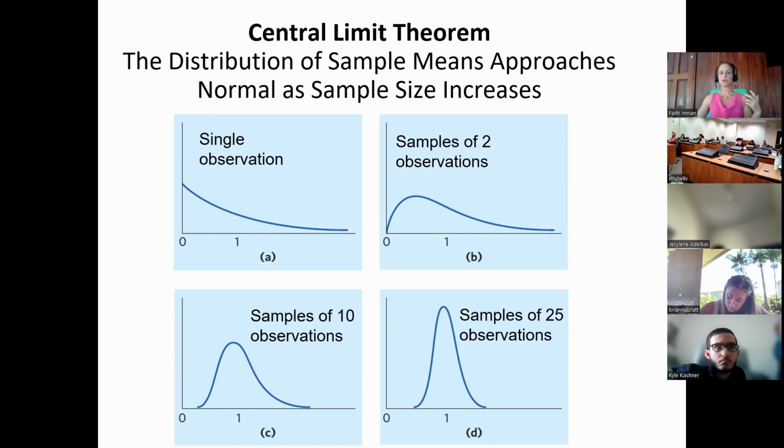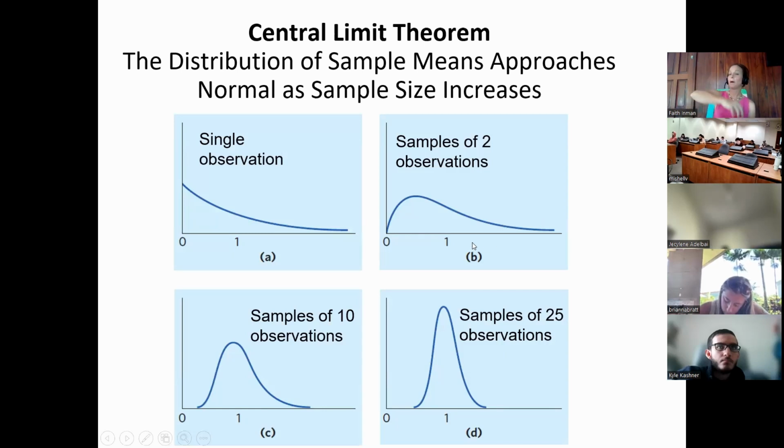If you have a population and the actual population is not normal, it's exponential, and you took a bunch of individual observations from that population and plotted them on a graph, they would come out looking not at all normal. They would come out looking exponential.